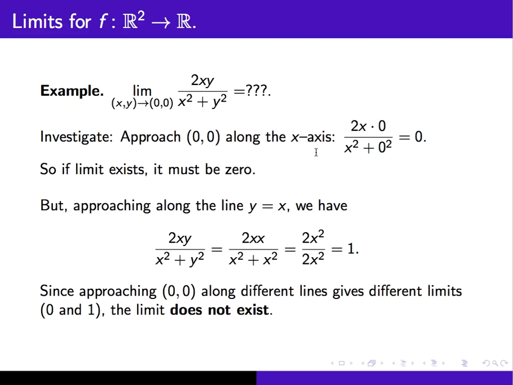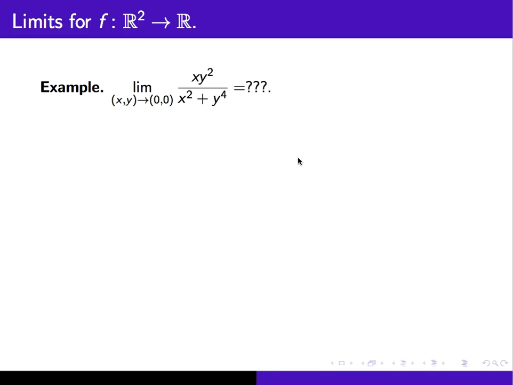So let's look at another example that's even stranger. So let's think about the limit as (x,y) goes to (0,0) of x y squared over x squared plus y to the 4th. And again, I did not say whether or not this limit exists, so let's investigate. Let's approach the origin along an arbitrary line. So every line through the origin looks like y equals mx, or possibly x equals 0.